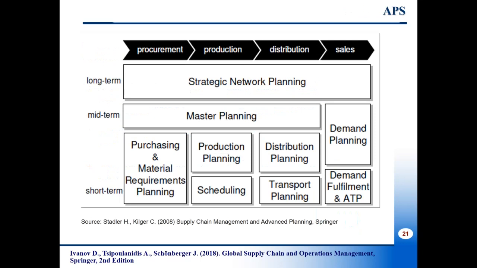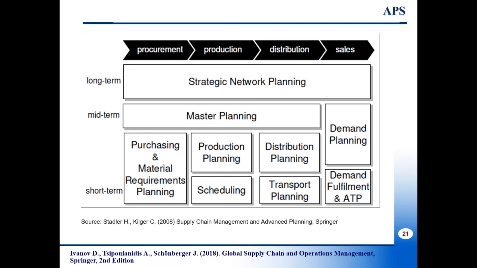In general, advanced planning system consists of several modules divided into different levels of planning: long-term planning, mid-term planning, and short-term planning. And all of this planning is distributed across functions, starting from procurement, production, distribution, and sales. In long-term planning, we have a module called strategic network planning.